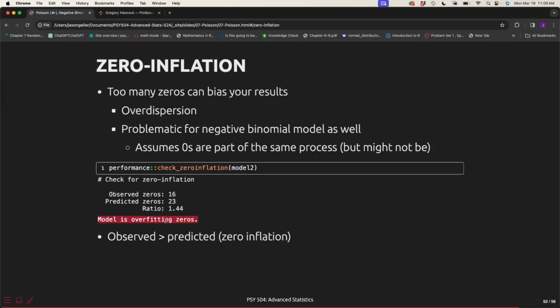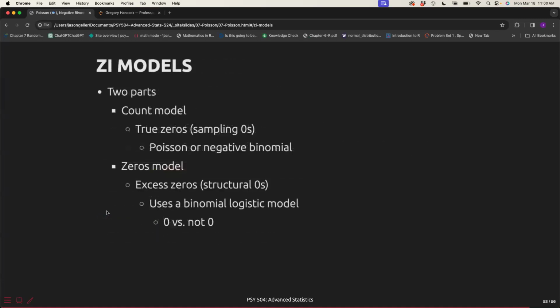We have an issue with zero inflation if the observed zeros are greater than the predicted number of zeros. And as Kennedy's output showed, it will say you have zero inflation in your data. So if we have zero inflation in our data, we need to account for that somehow. And we account for that by using a zero-inflated model.